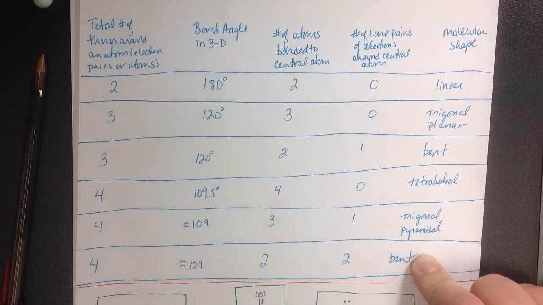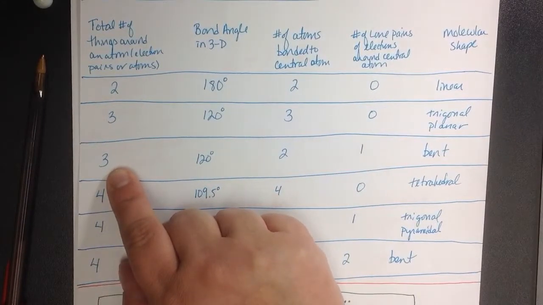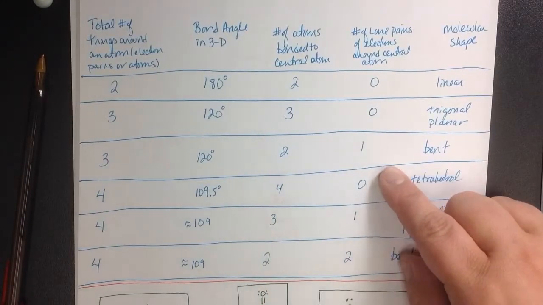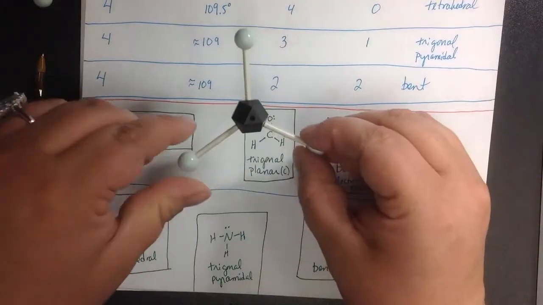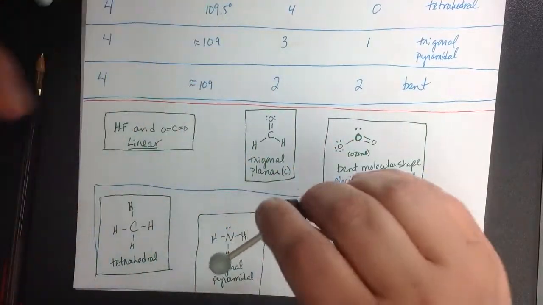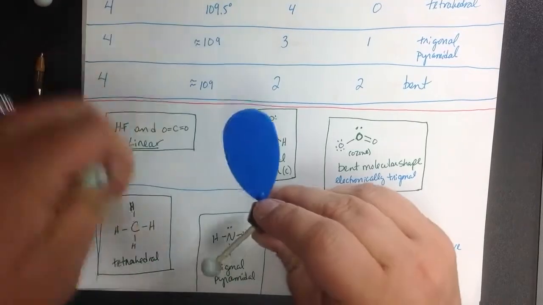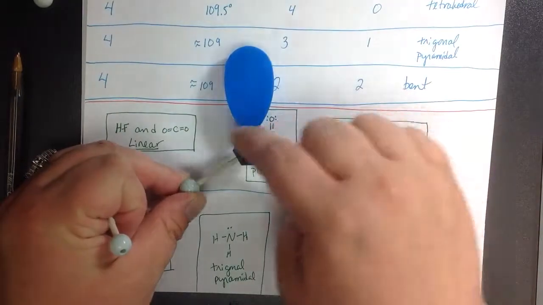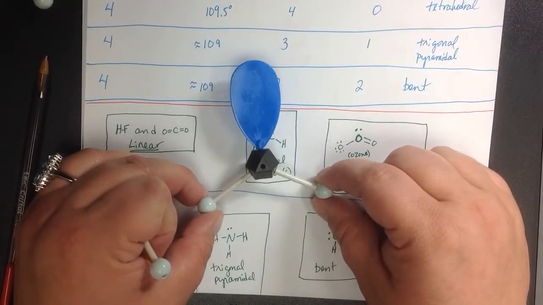In the same way, if you have 3 things surrounding a central atom, 2 of them are atoms, 1 is a lone pair, such as you see here with ozone, we would take this guy and instead replace up here with electrons, or better yet, the electron orbital where those electrons reside.